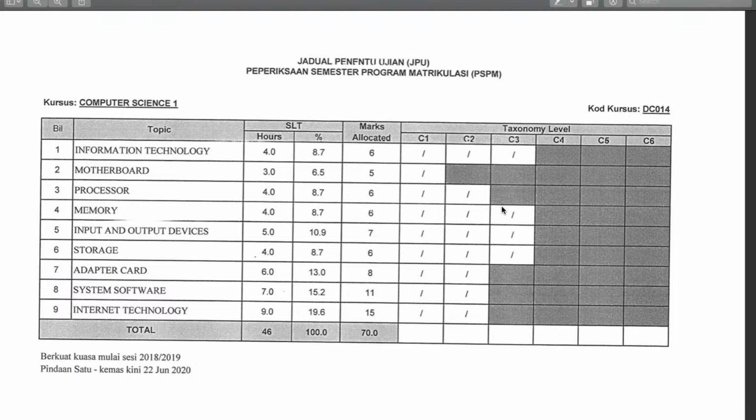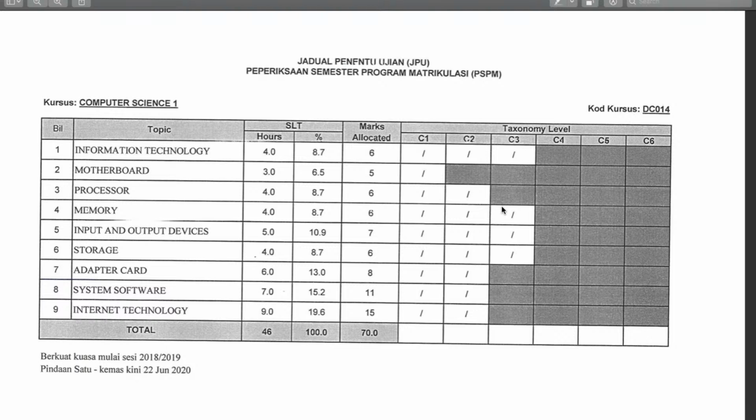So I think C3 is quite difficult. And then motherboard is C1 only. So what is included in C1? How to, we go to C2, understood how to.